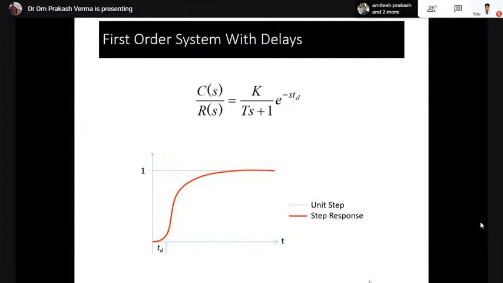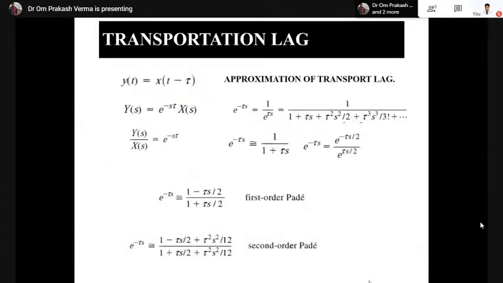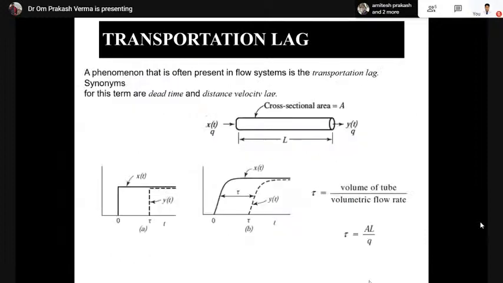Then we saw that you can check the step response or the impulse response of the system also. Then we looked at the approximation of transportation lag. We understood the meaning of the transportation lag, or the dead time, or the distance velocity lag. So we tried to understand these things.